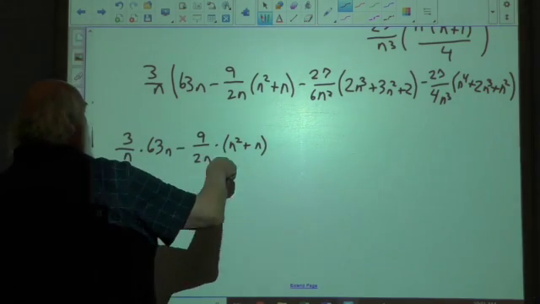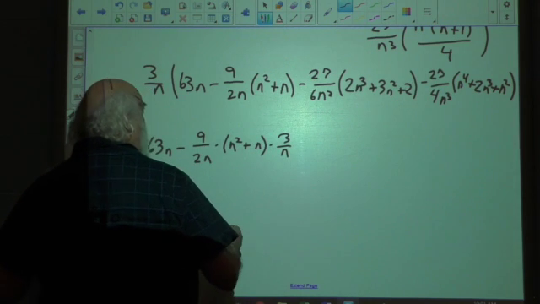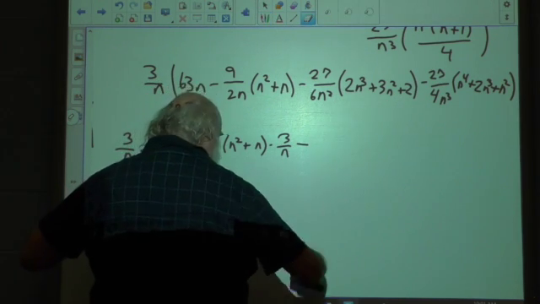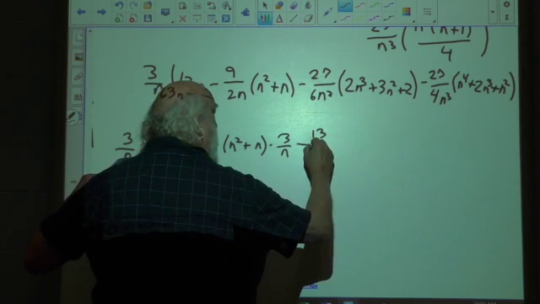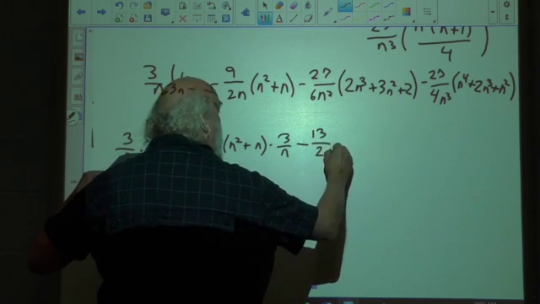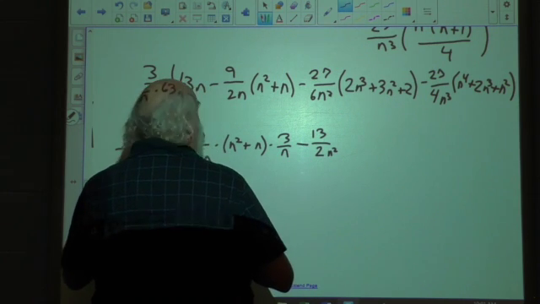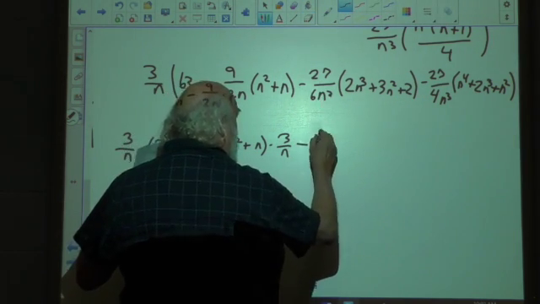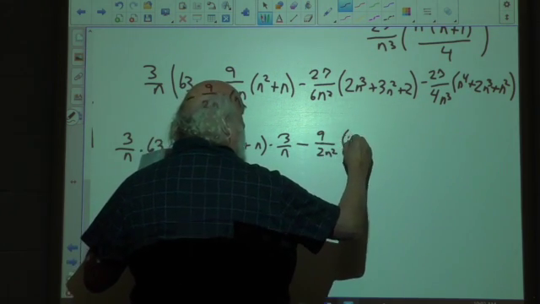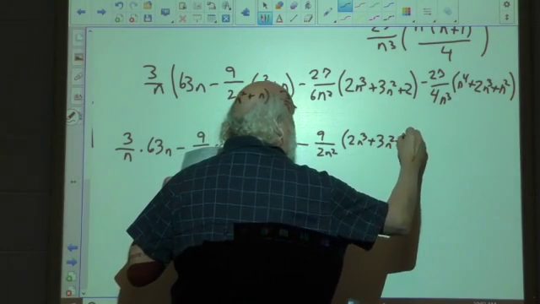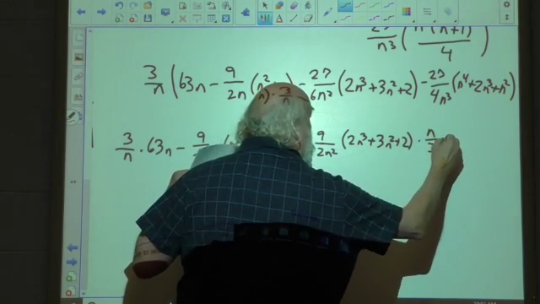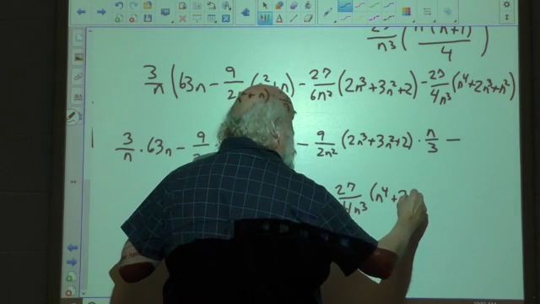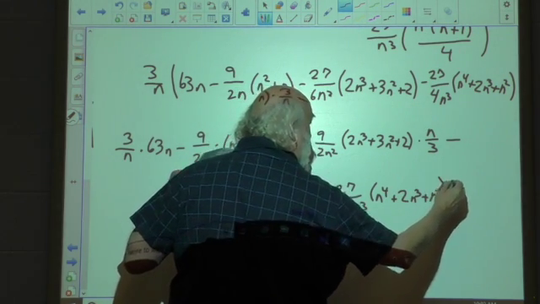This 3 over n has to multiply this as well. So it's 9 over 2n squared in the denominator times 2n cubed plus 3n squared plus 2 times n over 3, minus 27 over 4n cubed times n to the 4th plus 2n cubed plus n squared times n over 3.